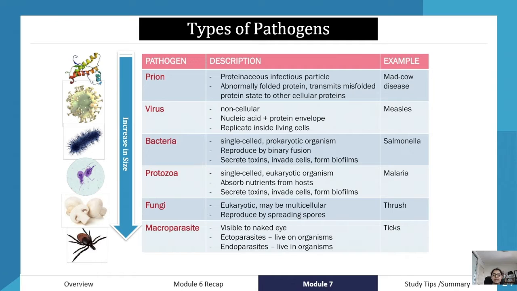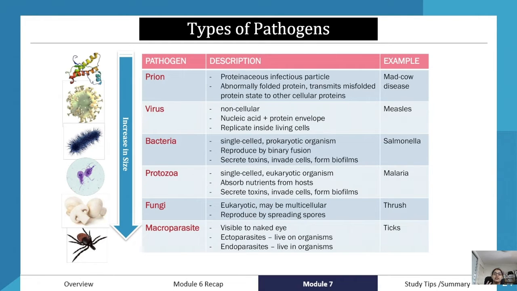We then have virus, so they're non-cellular, and they're basically nucleic acid in a protein envelope, and they replicate inside living cells. So what they do is they bind to the host cells, they gain entry into the host cells, and they've got mechanisms that help them do that.